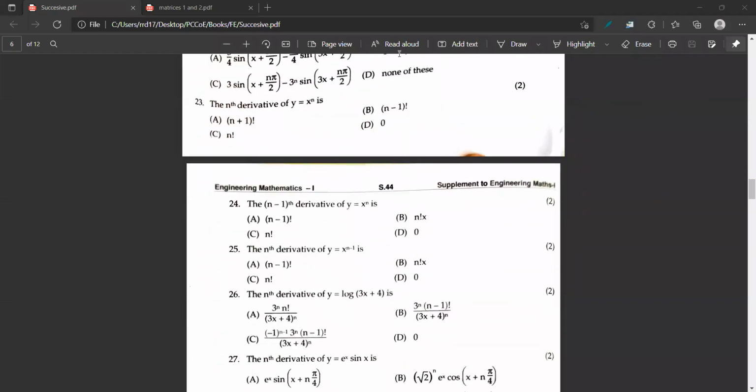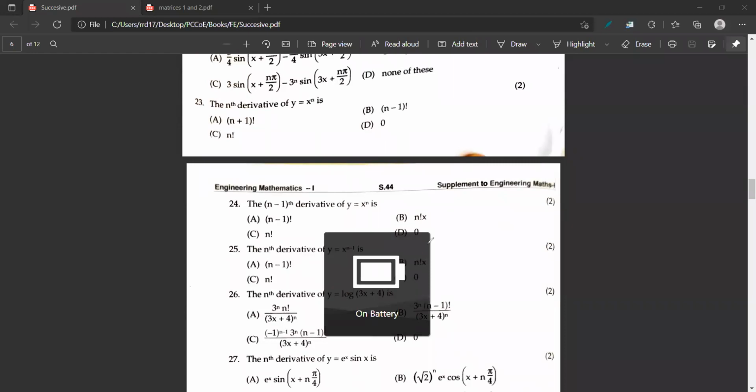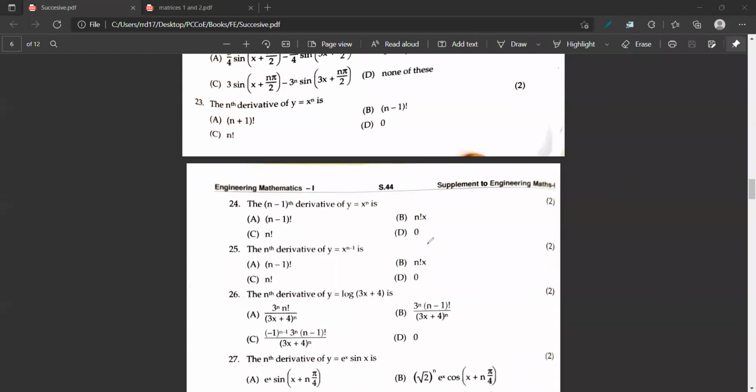Now the n minus 1 derivative of x raised to n is what? The answer is B. If you are getting confused, take a particular example.